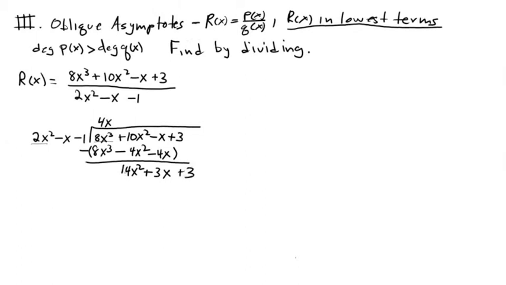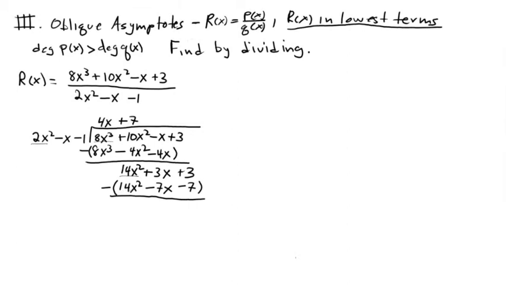Then I try to divide again, so 14x squared divided by 2x squared, I can do that. That's 7. Multiply: 14x squared, 7 times minus x is minus 7x, and 7 times minus 1 is minus 7. Again I subtract.